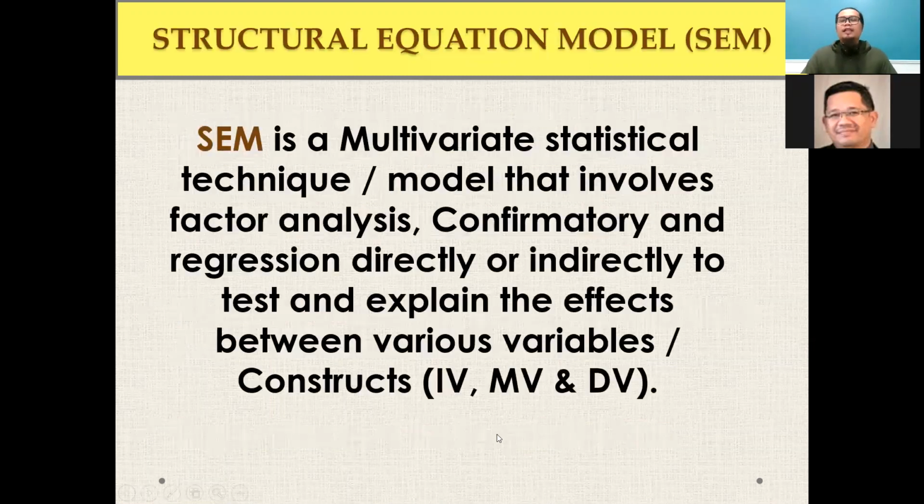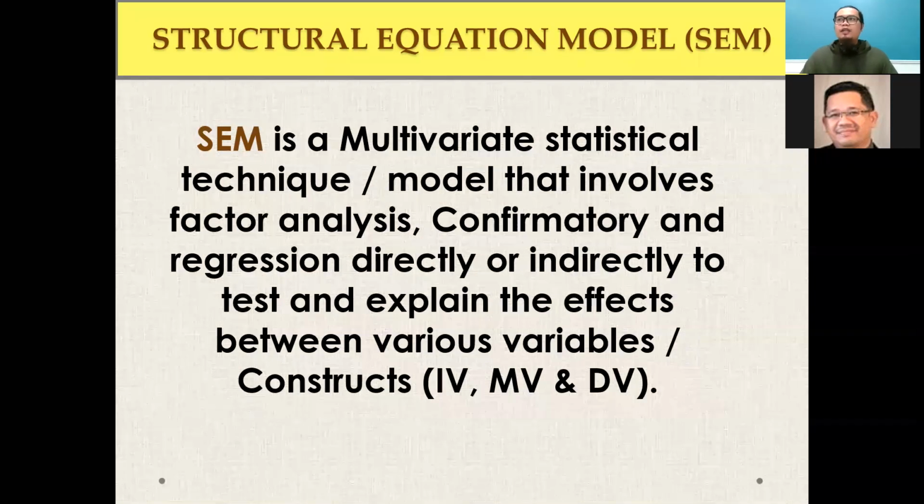Next, structural equation modelling. This is part of the advanced statistical relationship. We can investigate direct and indirect effects between one variable and another. In direct terms, we investigate the relationship or effects from one IV to one DV, which we call the direct effect.